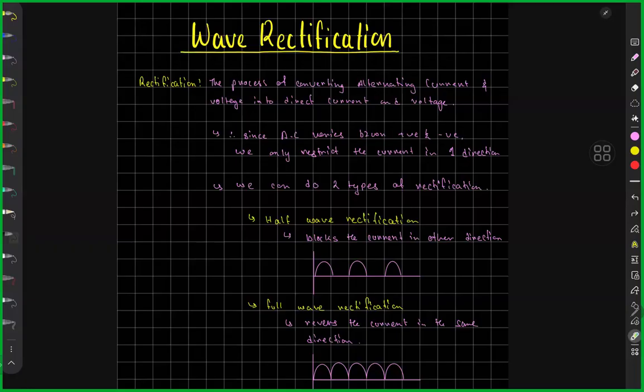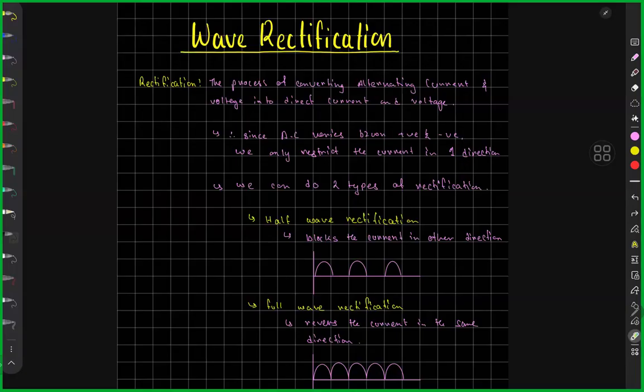That is to say, I only want current in a single direction. I don't care that the amount of current varies. It is simply that I don't want the current direction in the circuit to change. The magnitude of current may change, it's okay. So that is where wave rectification comes into play.